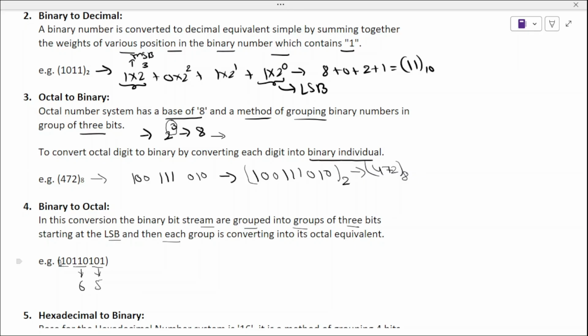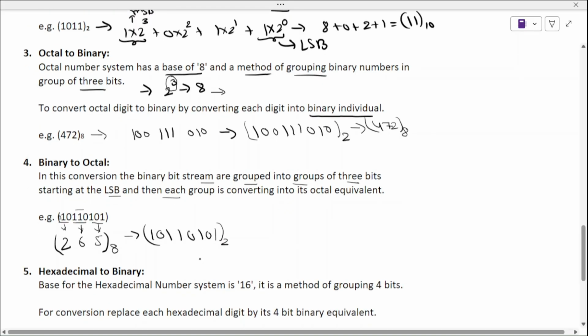So 010 is 2 in the binary number system. So the grouping gives 265, which is equivalent to this number. So this 265 in the octal number system is equivalent to 10110101.